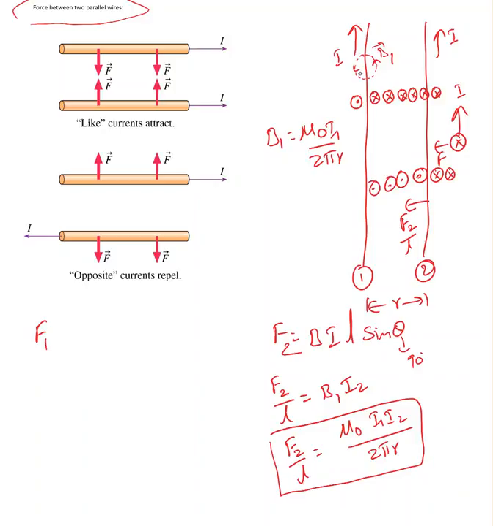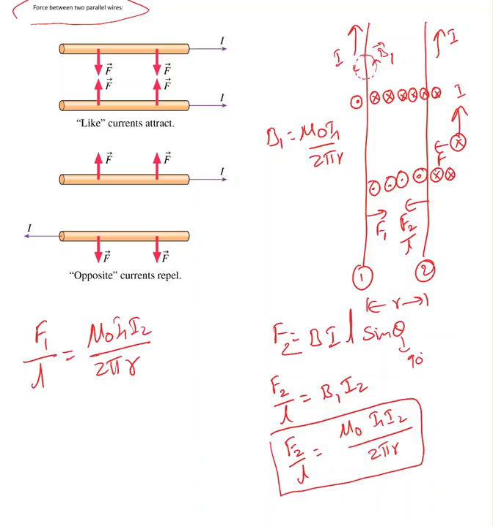Current is going up, the magnetic field is coming towards you, and you can see that the force is going to be in that direction. So F1 per unit length equals mu naught I1 I2 over 2 pi r, where r is the distance between those two conductors.